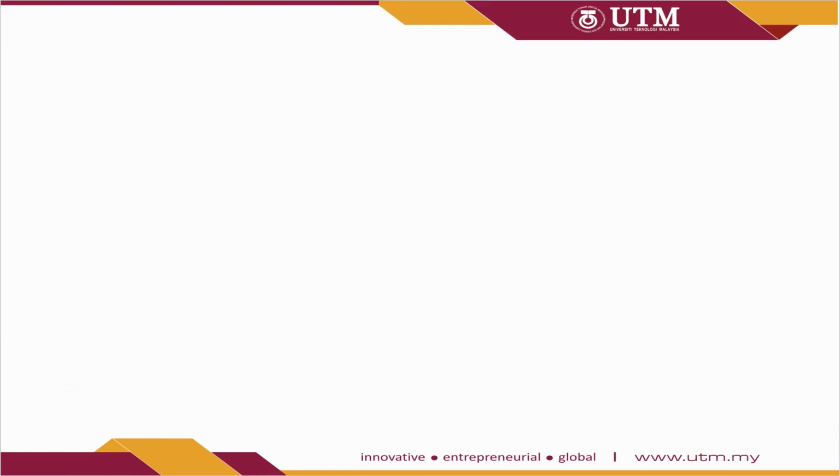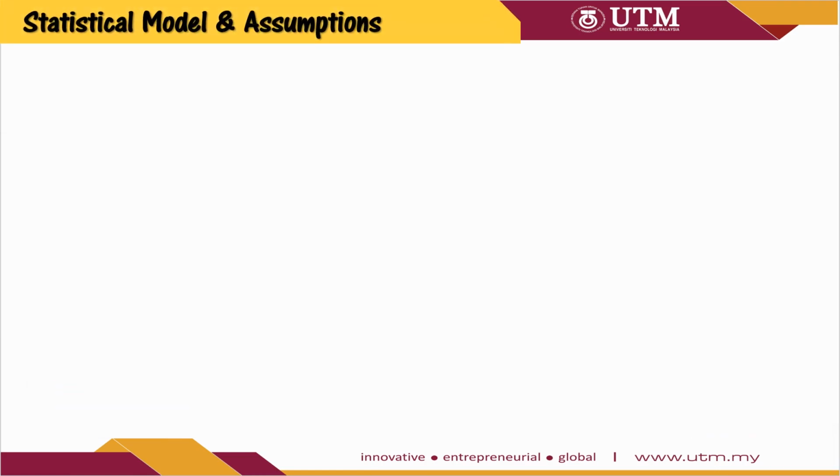This slide provides a statistical model which can be constructed under a one-way ANOVA and the underlying assumptions required when using a particular approach in estimating the unknown model parameters.